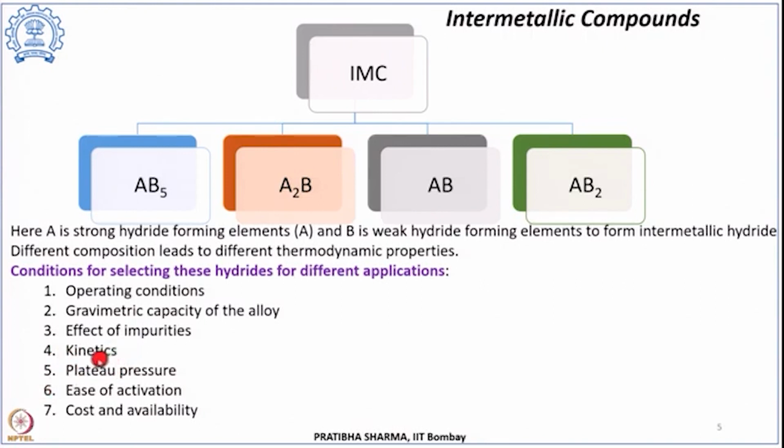How is the kinetics of that reaction of uptake as well as release, whether it is sluggish kinetics, whether it is faster kinetics. Usually the desirable is that it should have faster kinetics. What is the plateau pressure or the equilibrium pressure for that particular intermetallic compound, how easily it can be activated. Activation we have seen in the previous class, and ease of activation also plays an important role. What is the cost of that material and how easily is that available. So rare earths could be avoided.